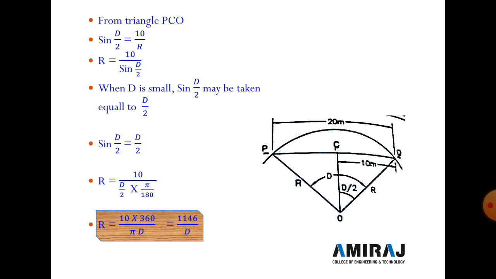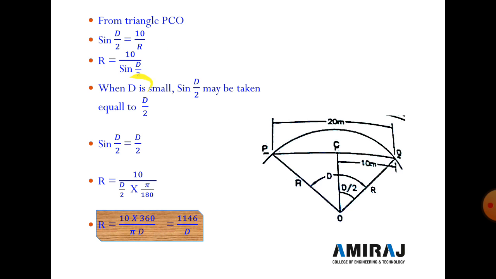From the triangle POC, the total angle is D, so half is D by 2. Sine D by 2 is 10 divided by R, because the total distance is 20 meter and PC is 10. So R is equal to 10 divided by sine D by 2.